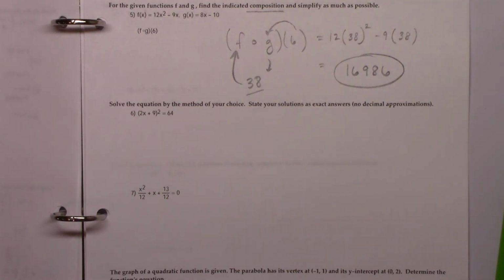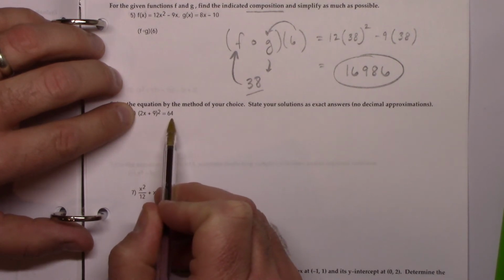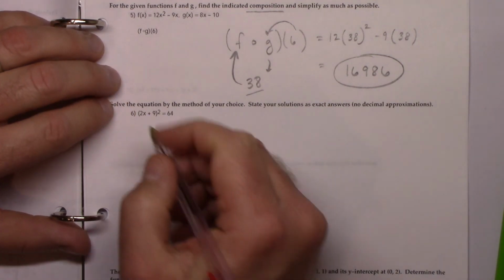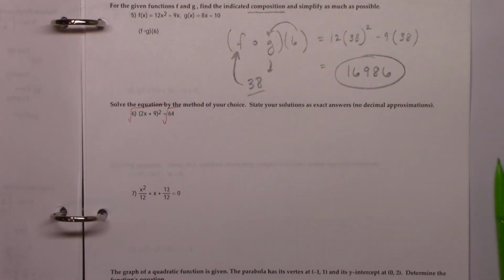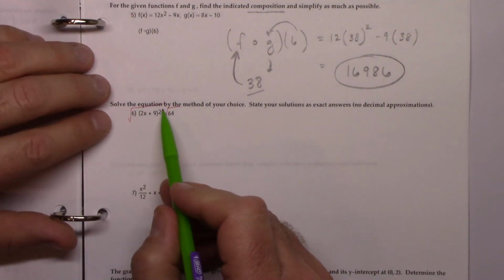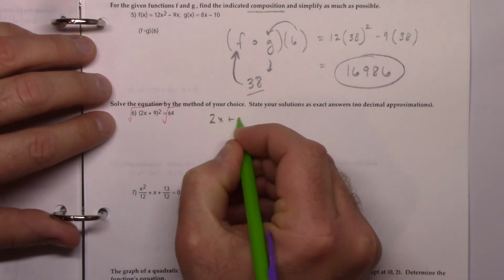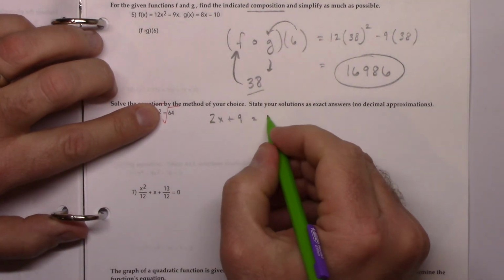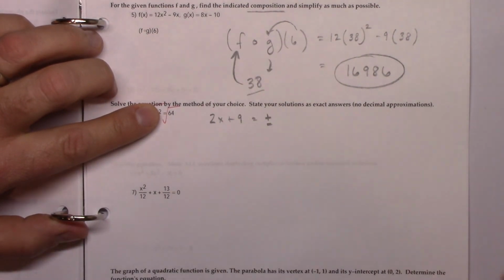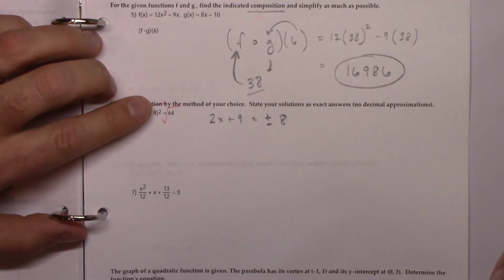The square root property is useful anytime you have something squared equal to a constant. It allows us to solve just by taking the square root of both sides of the equation. Of course, taking the square root of a square, that cancels, leaving us with just 2x plus 9. On the right-hand side, I have to make sure to consider positive and negative options. And the square root of 64 is just 8.